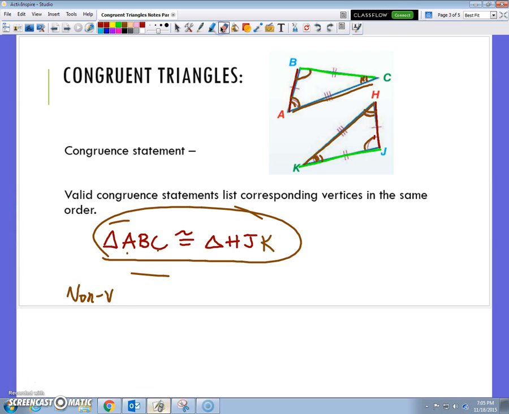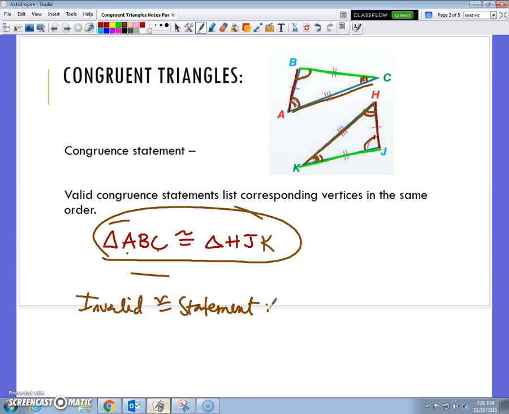Okay, so an invalid congruent statement will be something like this. When we're labeling our triangle, we need to go in the same order.